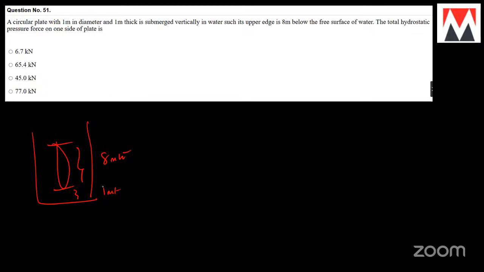Free surface. The hydrostatic pressure, if you take P is equal to rho g h, then P is equal to F by A. What do you want? You want the hydrostatic pressure force, so you want F here. So F by cross-sectional area. Where is the pressure acting exactly? The pressure is acting on the surface area.